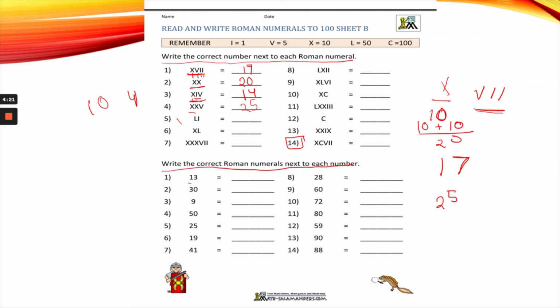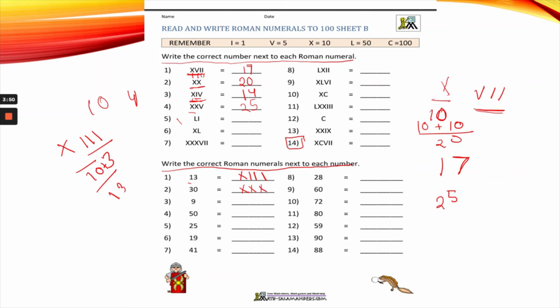So 13 we can do as X plus I, so this is 3 and this is 10. This you do not consider as 103, but we have to do a plus. So it is 13. So this one is XIII.